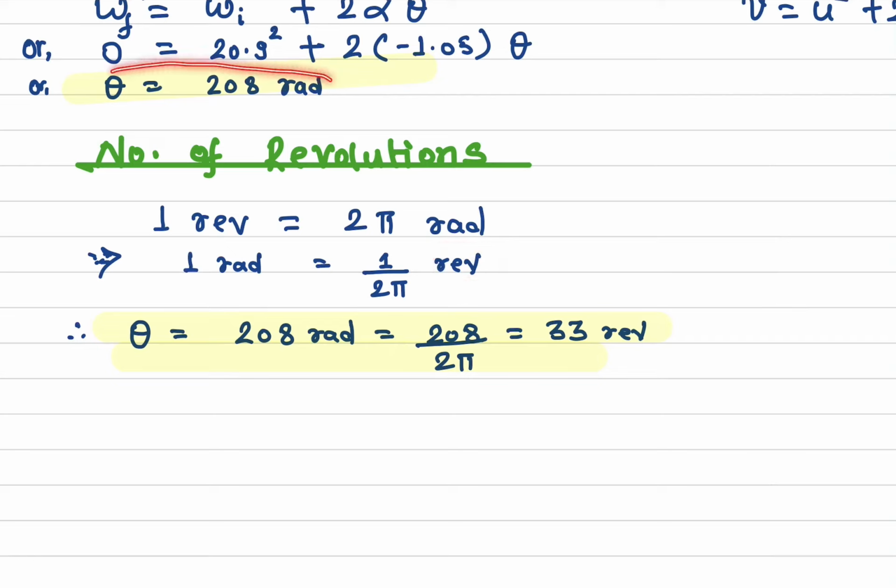As this is given in radians, we need to change radians into revolutions, which means we simply need to divide by 2 pi. So 208 radians divided by 2 pi gives the revolutions. The wheel has made 33 complete turns before coming to a stop.